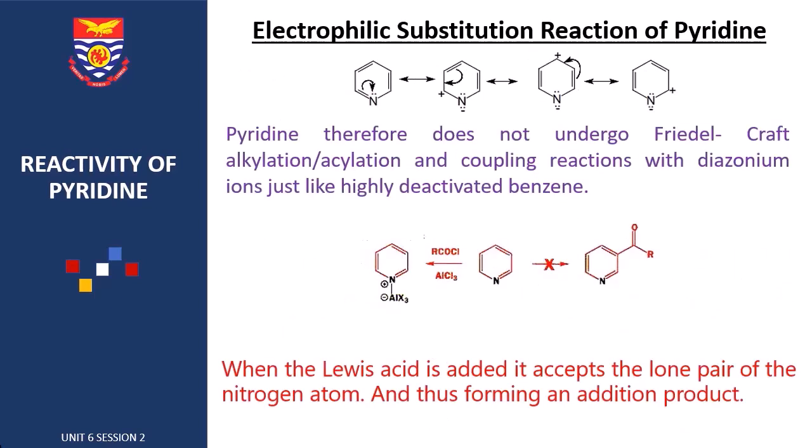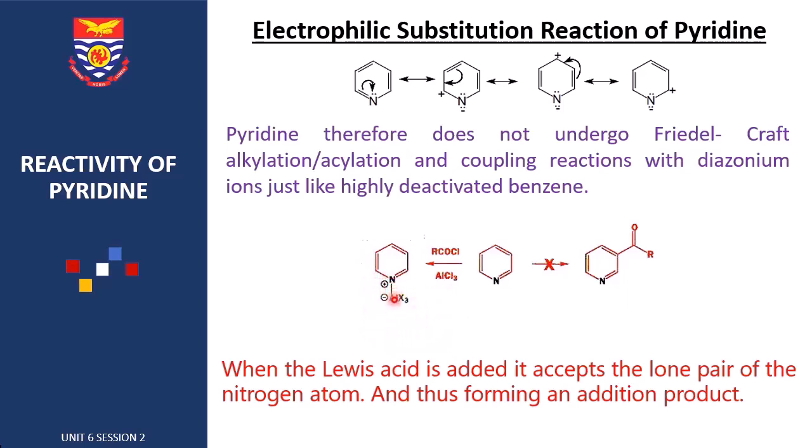Again, pyridine does not undergo Friedel-Crafts alkylation or acylation because of the partially positive charge species found on the pyridine ring. The moment the Lewis acid is added to the acid chloride, the Lewis acid quickly accepts a lone pair of electrons from the nitrogen atom.